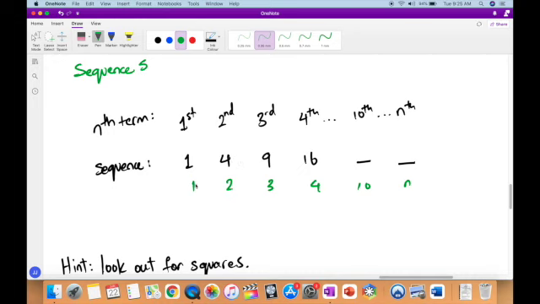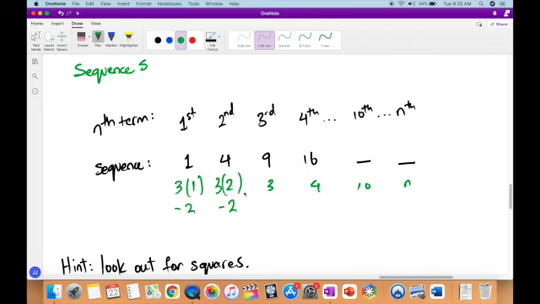So let me try multiples of 3. If I multiply n by 3, 3 times 1 is 3, and I'll have to minus 2 in order to get 1. Okay, so if I multiply 3 times 2, I'll get 6, and 6 minus 2 will give me 4. Yes, it will. So that is interesting.